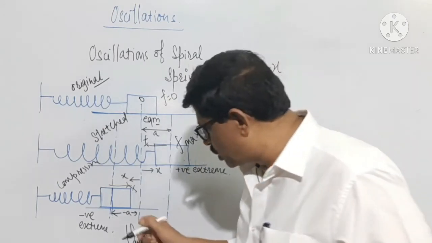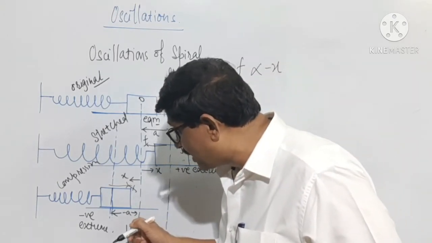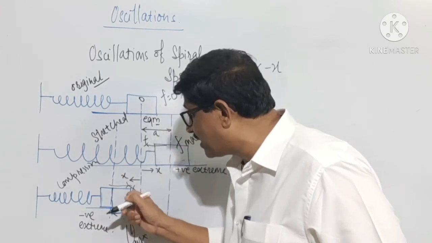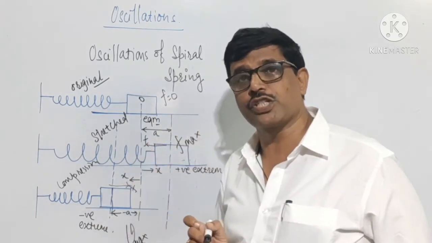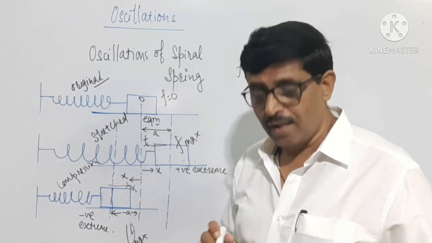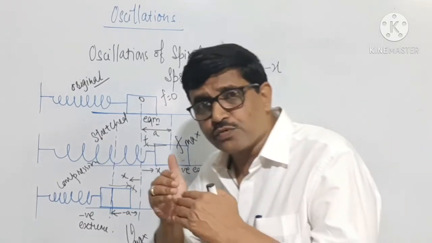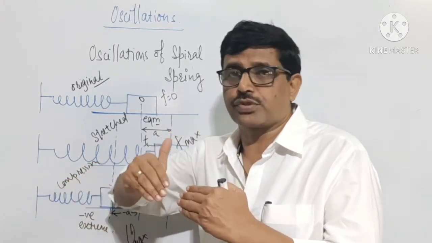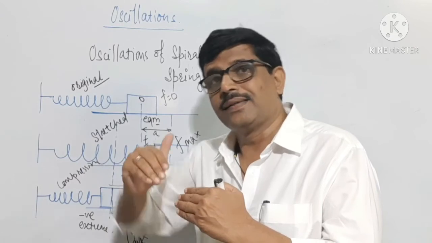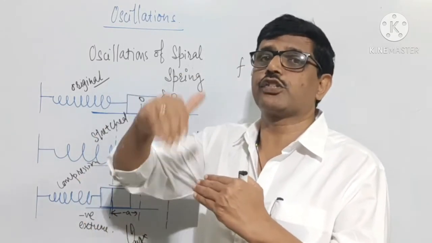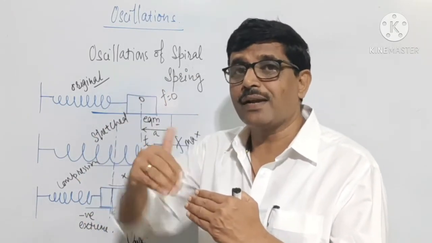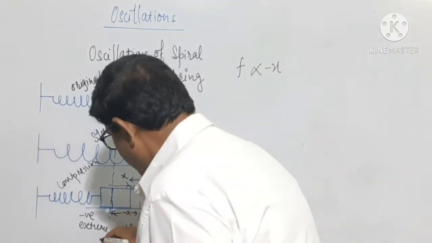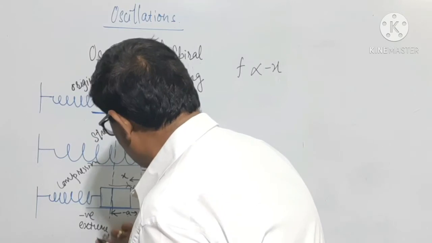Here the displacement is measured from the equilibrium, it is towards the left, and the force is towards the equilibrium, that is towards right. The force and displacement are in opposite direction. And as the block is moving against the direction of force, there will be retardation of the block, and because of that there will be decrease in the velocity of the block, and finally the velocity at the extreme becomes zero.